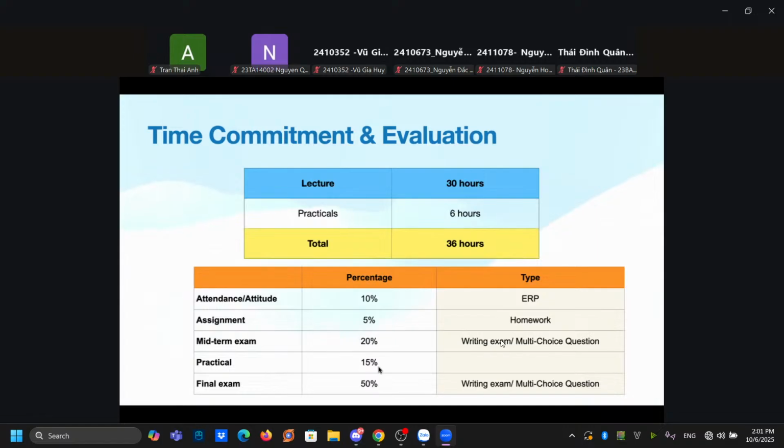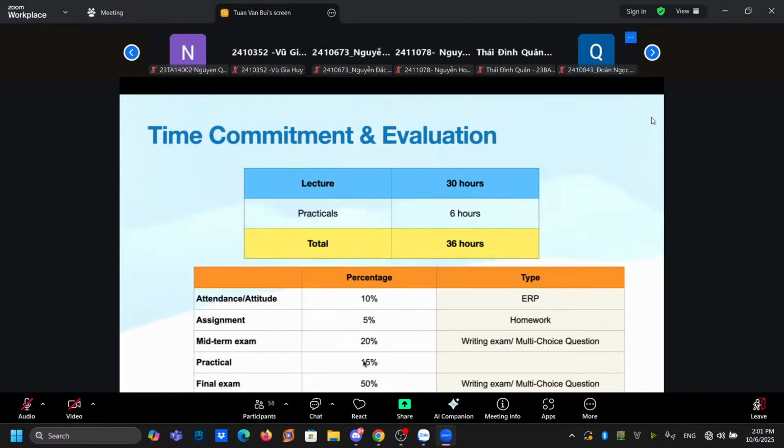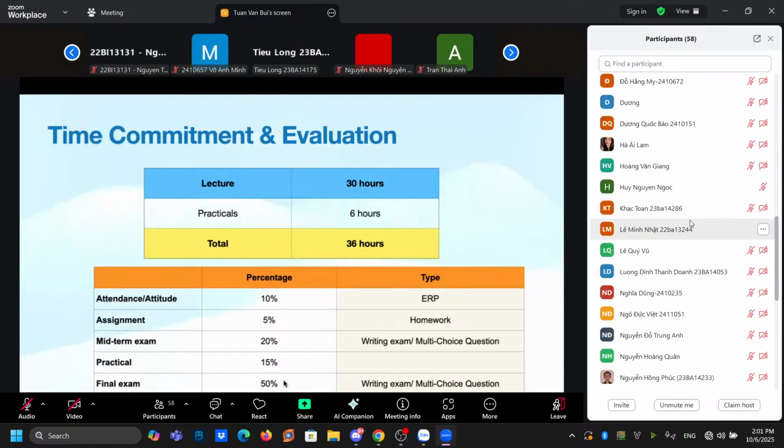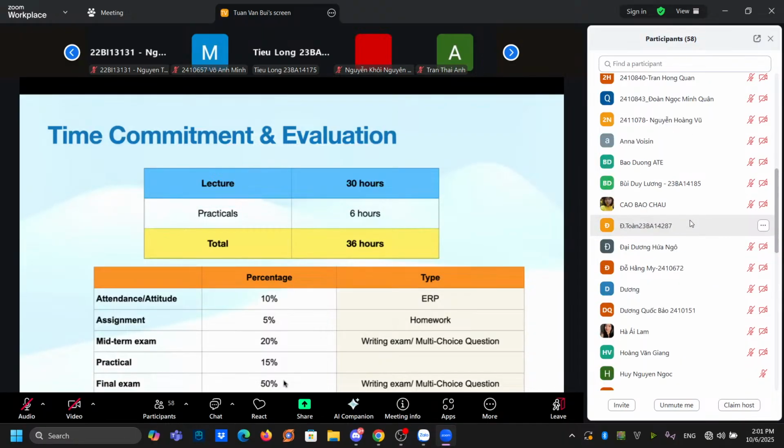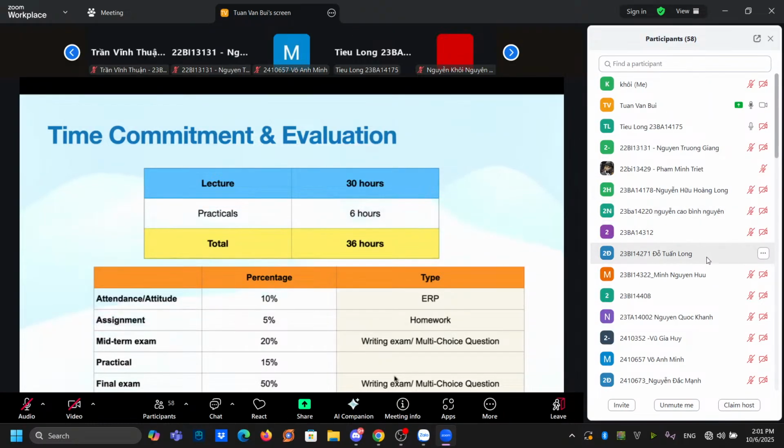Practical work: here you will do some experiments in the lab, analyze the data that you get, and write a report for the practical. Then the final exam will be 50%.